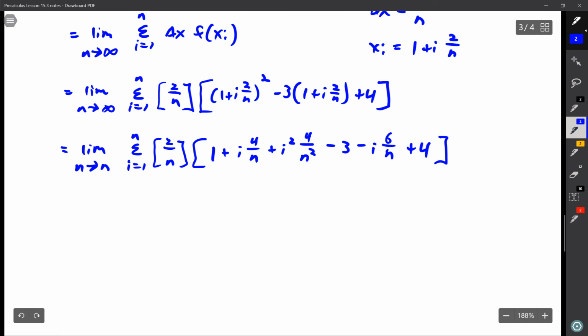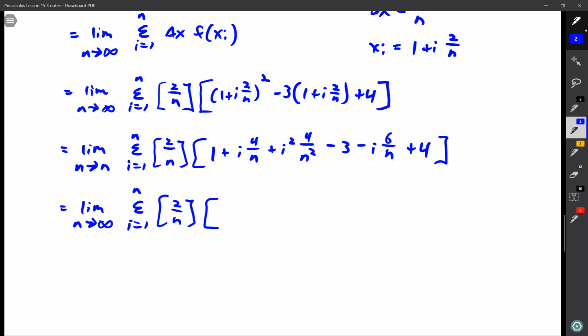Okay, let's simplify that. So this gives us equals the limit as n approaches infinity of the sum from i equals 1 to n of this 2 over n times, all right, I'm going to put my i squared term first just because that feels like the highest power thing to me. So an i squared 4 over n squared. Okay, good.